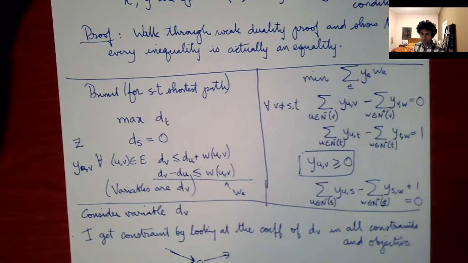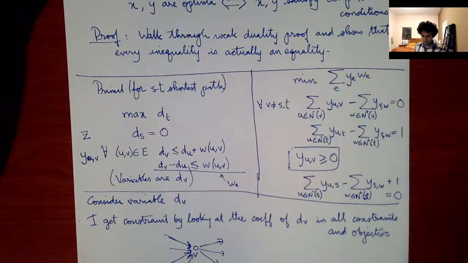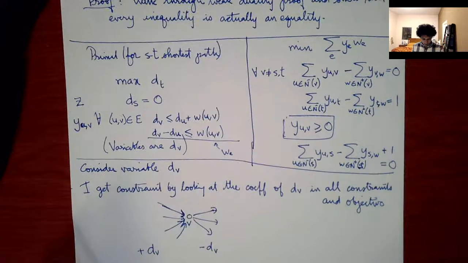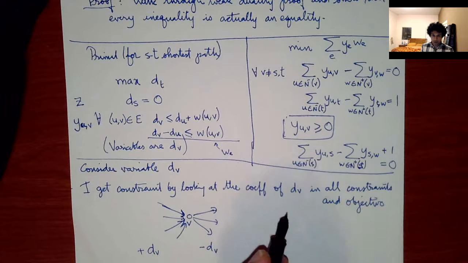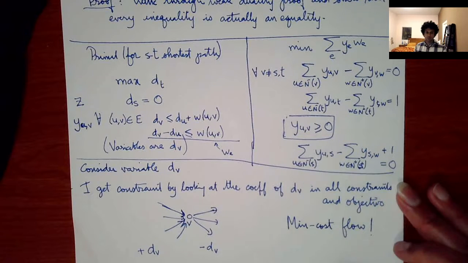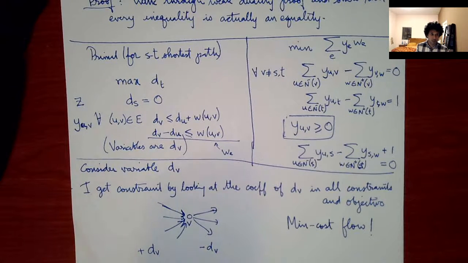Sorry, I'm just going to zoom out a bit. This should be really surprising. You start with shortest path, and what you have over here is min cost flow. So the dual of shortest path is actually min cost flow, or min cost s-t flow. Any questions at this point?